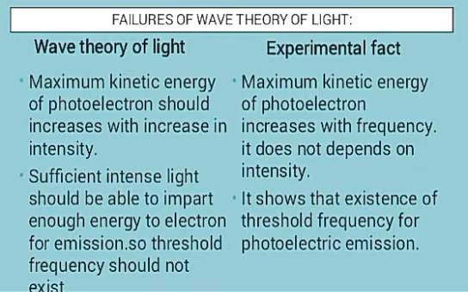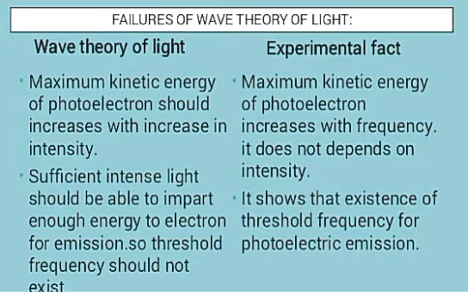The first point is, if light is a wave, maximum kinetic energy of photoelectron should increase with the increase in intensity. But experiment shows that maximum kinetic energy of photoelectron increases with the frequency and it does not depend on intensity.